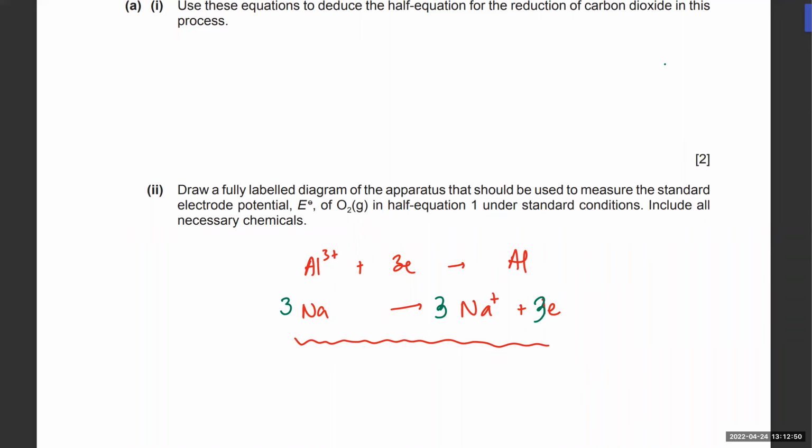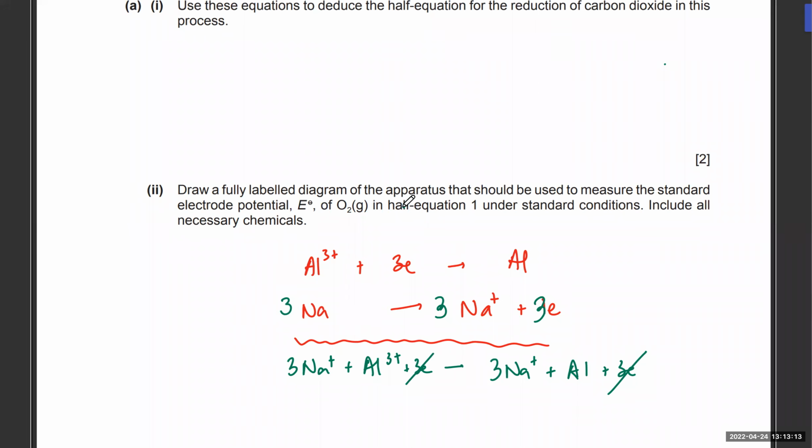So it's going to be 3Na plus Al3 plus, and the product is going to be 3Na plus plus Al. The electrons on both sides get cancelled out. Things that are common on both sides get cancelled out.